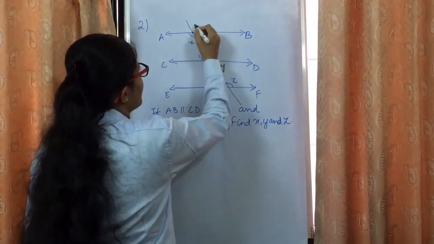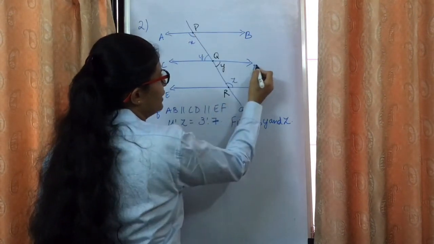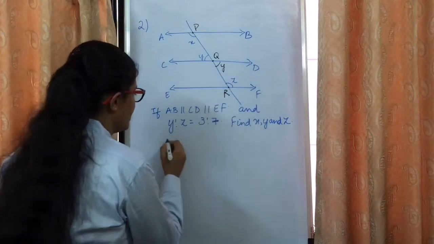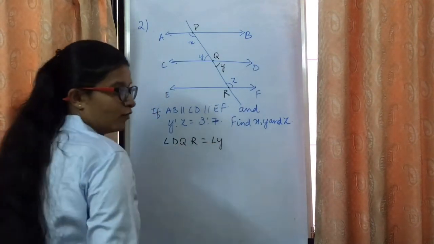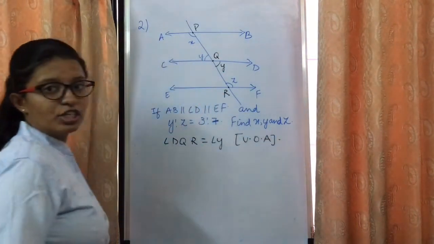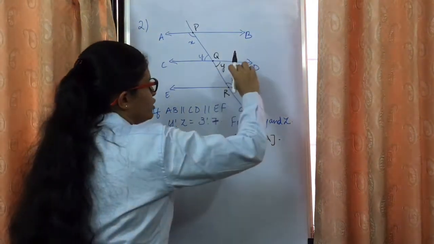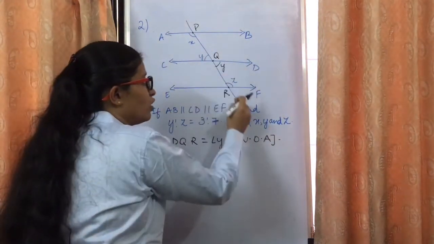Name this as PQR. So I can name that angle DQR. Angle DQR is equal to angle y. Why? This is a vertically opposite angle. If this is y, can I say y plus z combined are interior angles on the same side of the transversal?